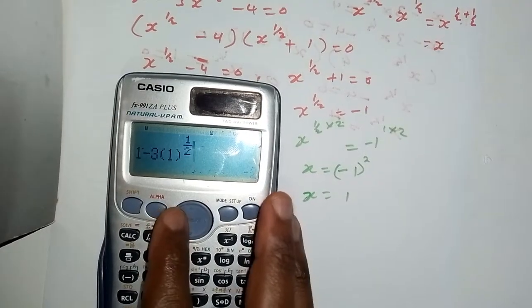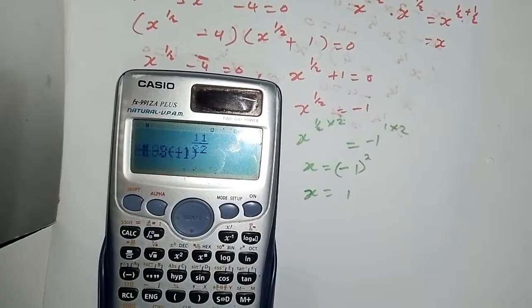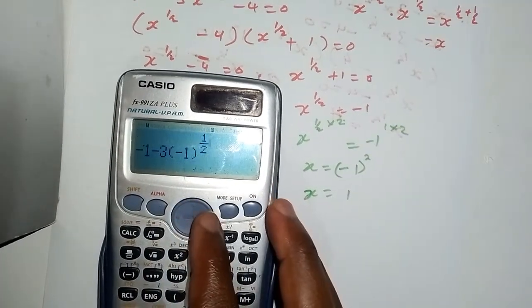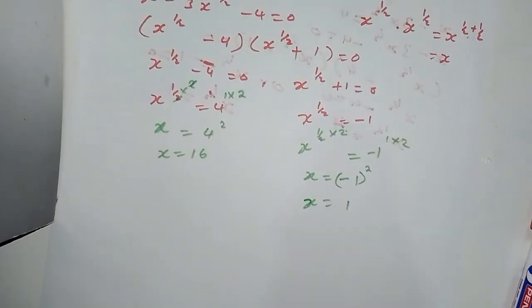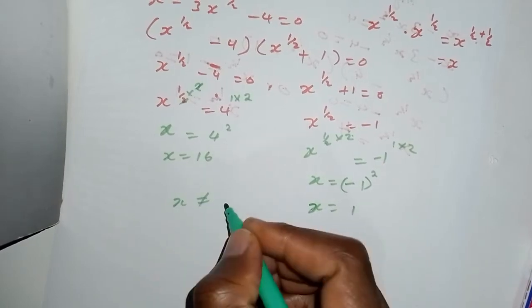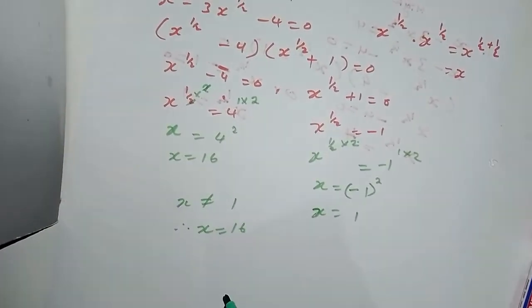Nope, it doesn't give us the answer. Let me just check this again. Nope, it doesn't give us the answer, right? So the only solution that is correct is this one. Therefore x cannot be 1. Therefore x is equal to 16, right?